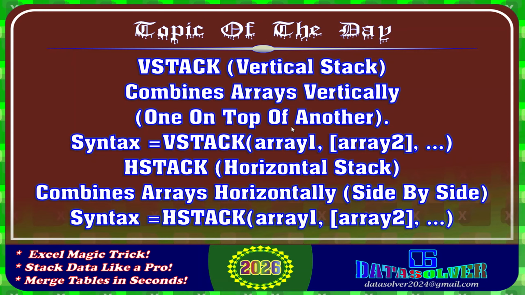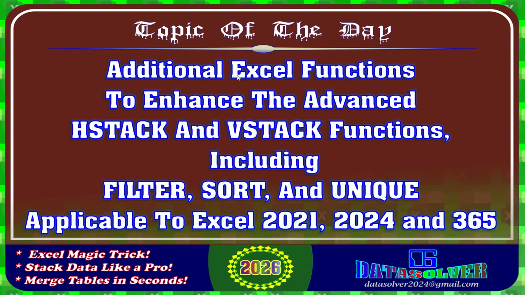The VStack and HStack template is loading. Bear with me a minute. Before I load our template, let me show you additional options in this tutorial. Please note, additional Excel functions to enhance the advanced HStack and VStack functions, including filter, sort, and unique, will be used in this tutorial to show you how you can make use of them as an advanced user.